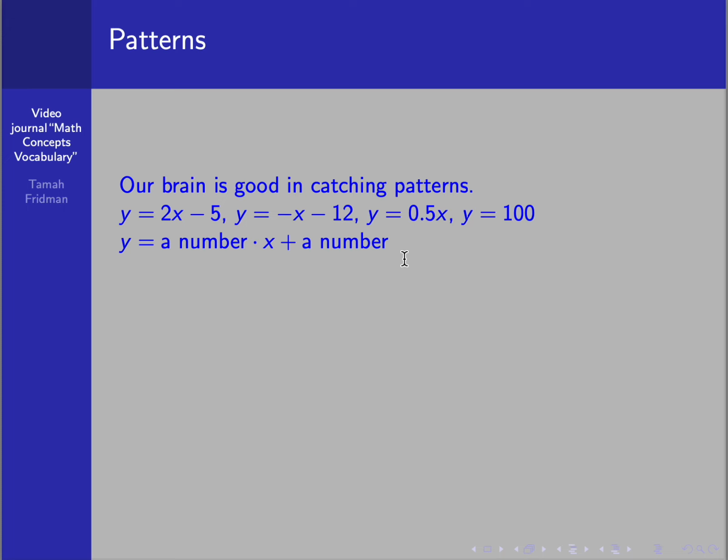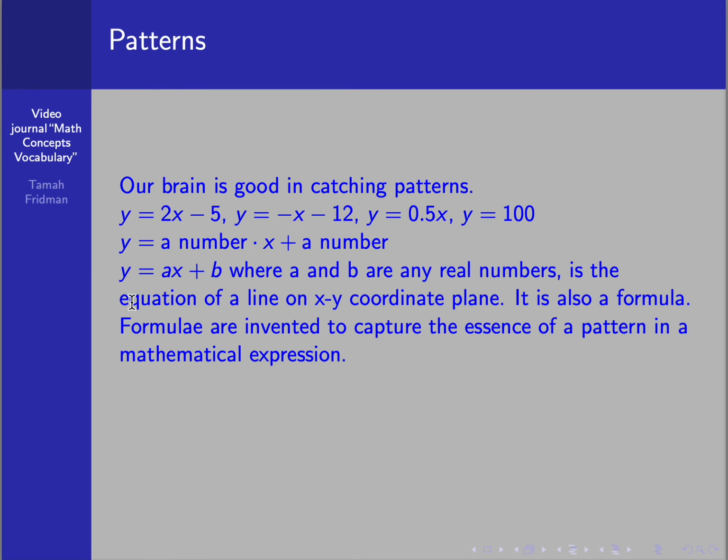It looks like maybe this number has to be the same as this number, and we know it's not true. So how would we write this pattern in a less confusing way? How about this: y = ax + b, where a and b are any real numbers.